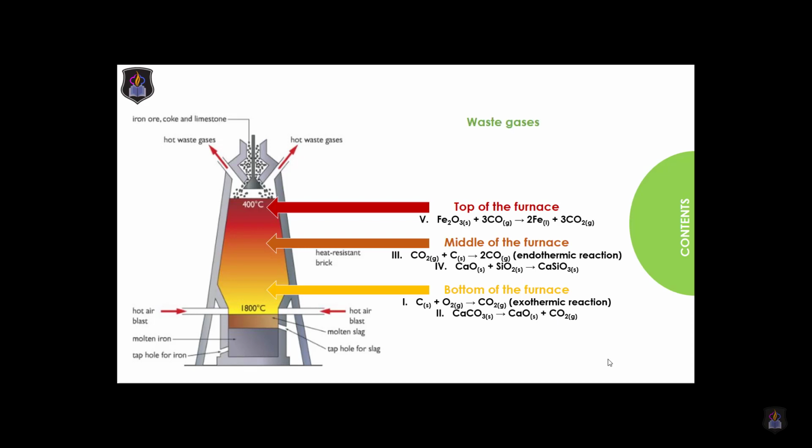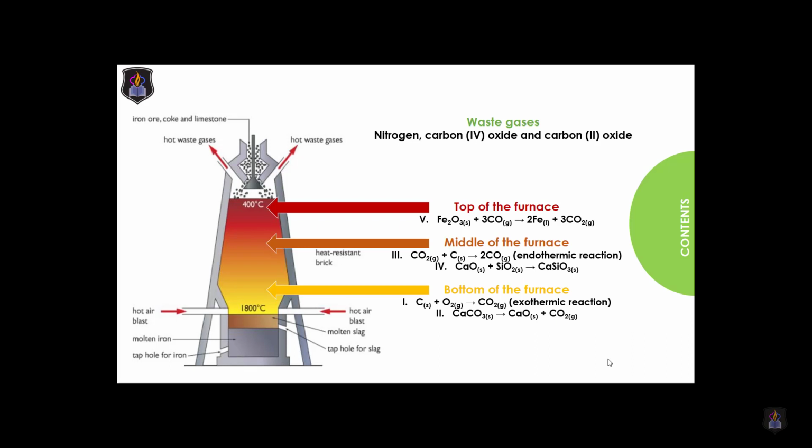The waste gas is made up of the unreacted nitrogen from the blast of hot air, the carbon(IV) oxide produced at the final stage, and the unreacted carbon(II) oxide, released into the atmosphere through pipes as shown in the diagram.